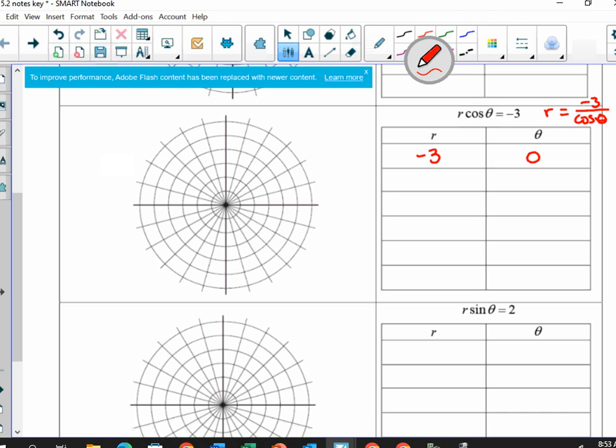How about pi over 3? What would r equal? Negative 6. Pi over 3 in there gives me 1/2. Negative 3 divided by 1/2 is negative 6.